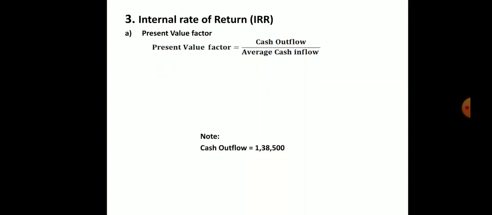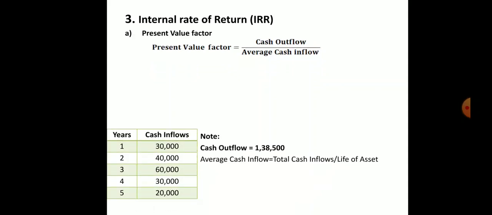For that I am making a note. They have given the cash outflow as 1,38,500. Now we also have to calculate the average cash inflow to find the present value factor. The formula is total cash inflow divided by life of the asset. For 5 years, the total cash inflow they have given is 1,80,000.